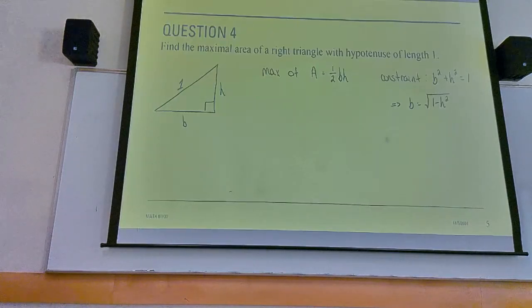Why can't it be negative? Again, what does area have to do with this? This is just base. It's a length, and lengths can't be negative. Length is a positive measure. What we've now done is written area strictly as a function of h.